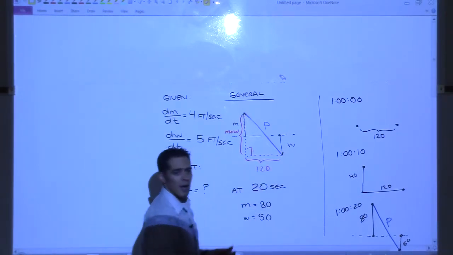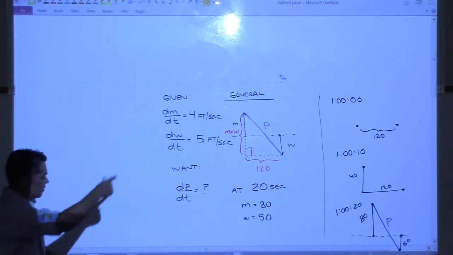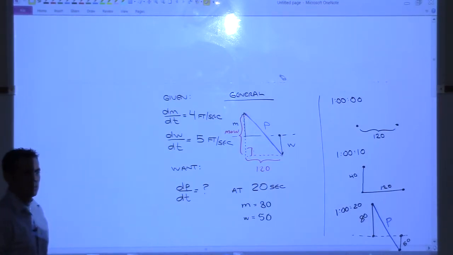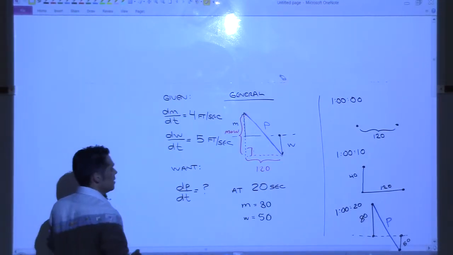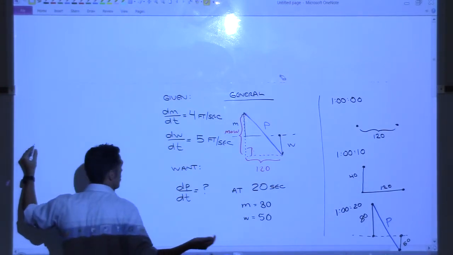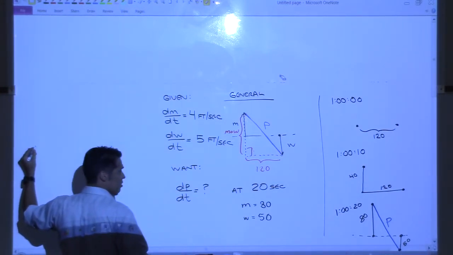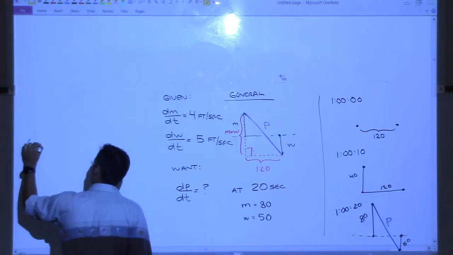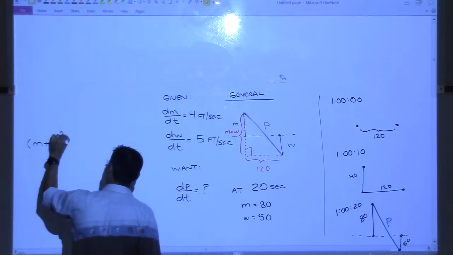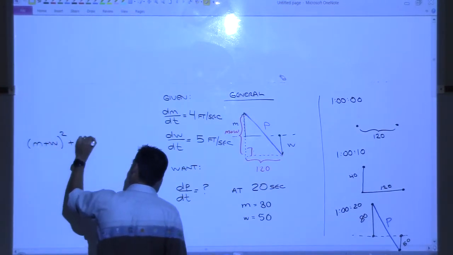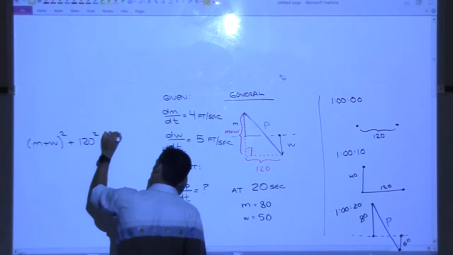And that's not changing, right? And now you have a relationship. So we know, you're saying, Jackson, it's (M plus W) squared, right? Plus 120 squared equals P squared. We just need to be careful on the M plus W squared. We have to put it in parentheses, all right? There's our equation.